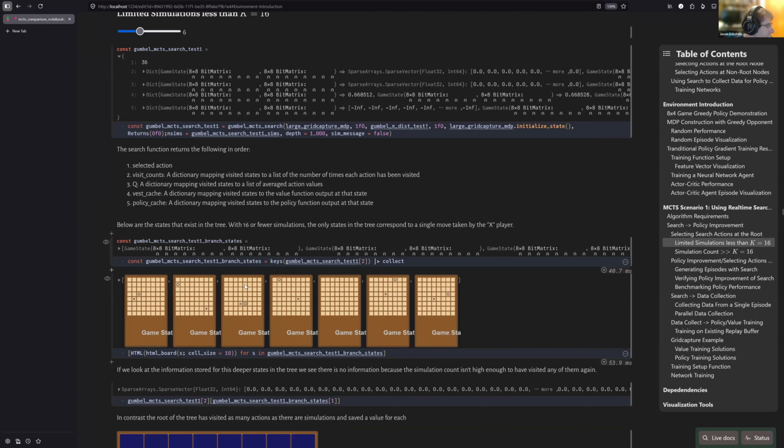We can see there's only 6 states in the tree. And if you look at each of them, there's the one state from the initial board. And then all these other states are just game states where we've made a single move, right? Because there's only 6 simulations here. So all the algorithm has been able to do is test 6 different actions.